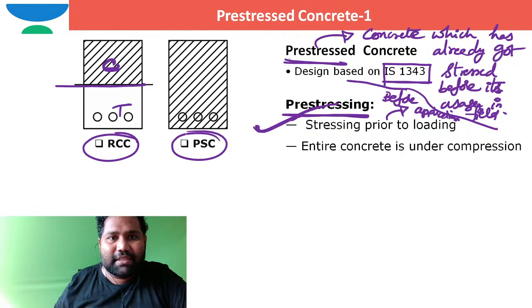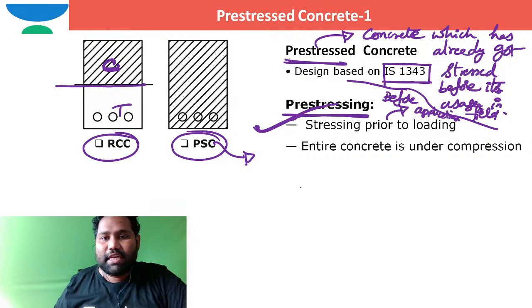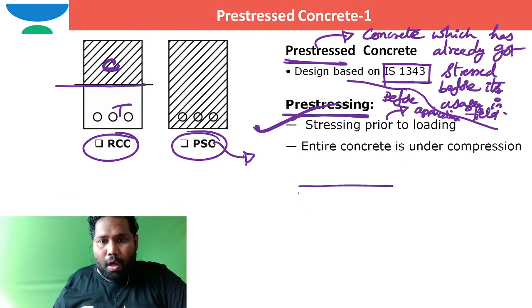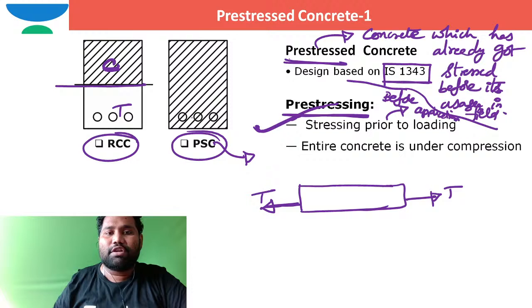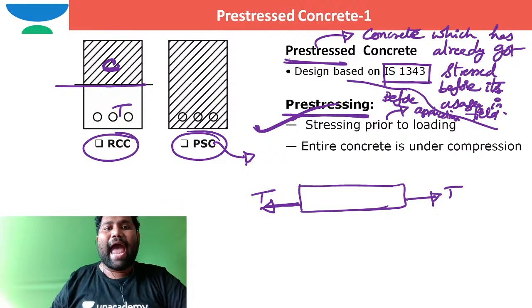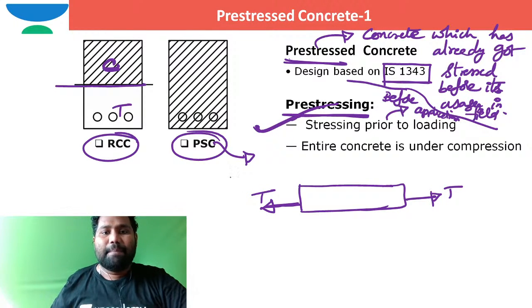But in pre-stressed concrete, we are stressing this concrete by applying tension force in the steel, with the help of pre-stressing action. This tension force from steel will be applied as axial compression force on pre-stressed concrete, right?